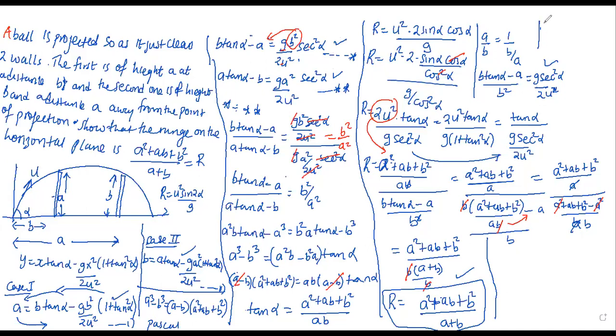It means if it is clearing, for example, a goal post with a net, and they tell you a ball is kicked and just clears the post, it means the ball was passing at the height of the post. If they say the ball just clears your head, it means it is at the height of your hair, so it is at the same distance as your hair from the ground. So whenever they say it just clears, then it is at the same height as whatever it is clearing. It is not knocking it.